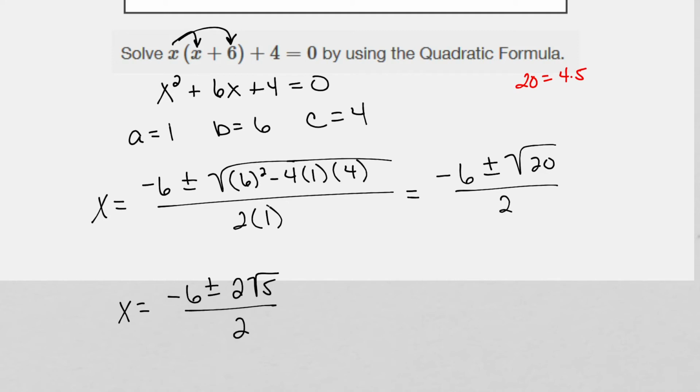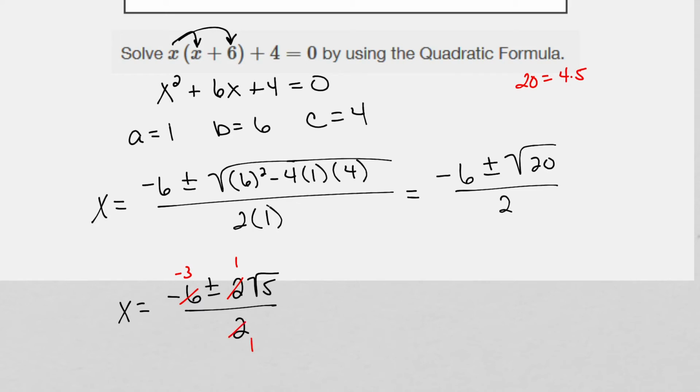Now, can I simplify this? Yes, notice that this is even. I'm sorry, it's not positive, it's even. This is even, this is even, and this is even. They can all be reduced by a factor of 2, okay? So I am going to divide each and every one of those by 2.